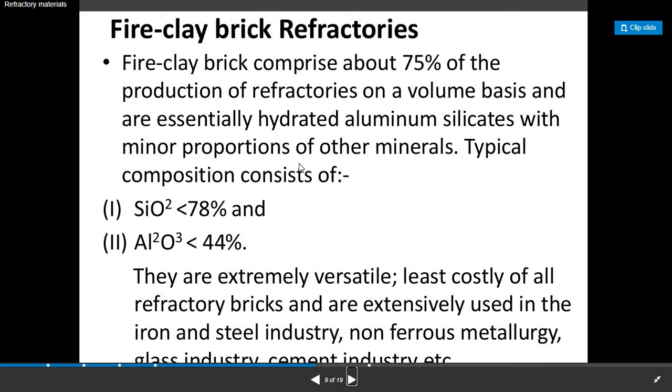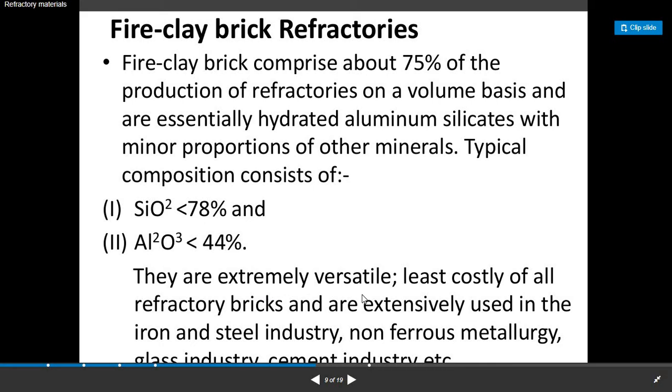Fire clay brick refractory. Fire clay brick comprise about 75% of production of refractories on a volume basis and are essentially hydrated aluminum silicates with minor proportion of other minerals. The typical composition consists of silica less than 78% and alumina less than 44%.